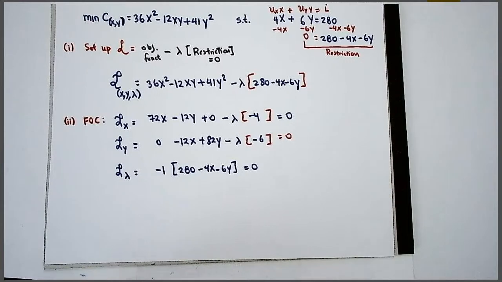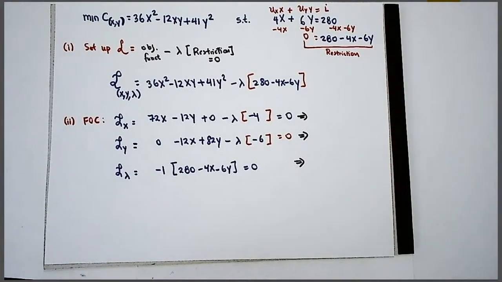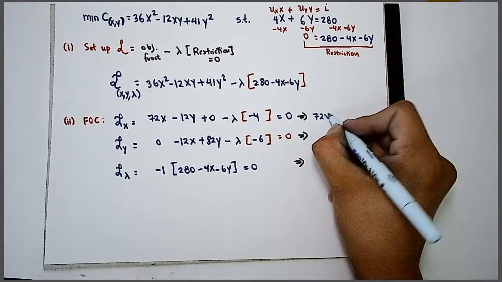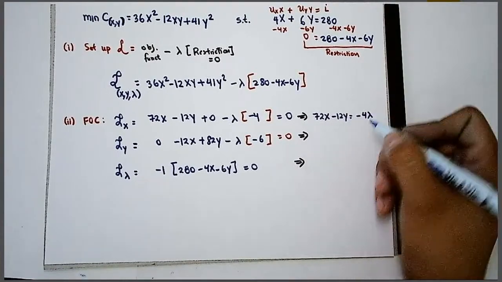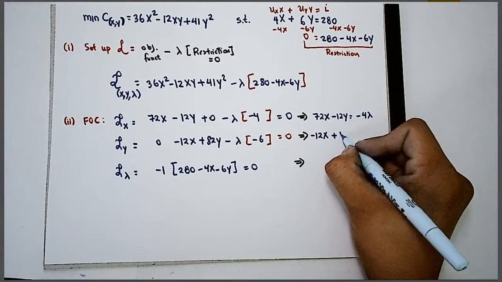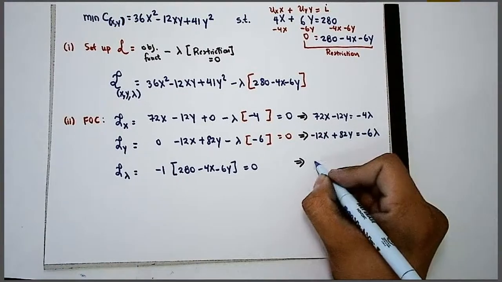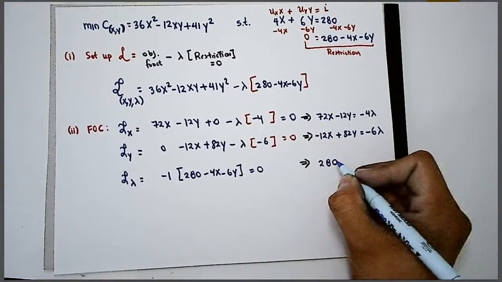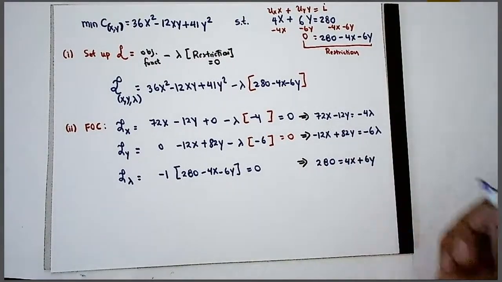And now let's rearrange a little bit here. So from this one, we obtain that 72x minus 12y is equal to minus 4 lambda. And here, minus 12x plus 82y is equal to minus 6 lambda. And here we obtain the original constraint.